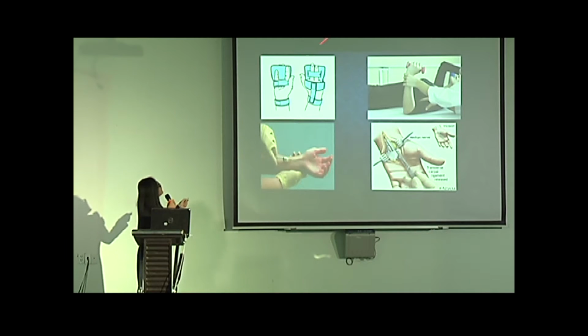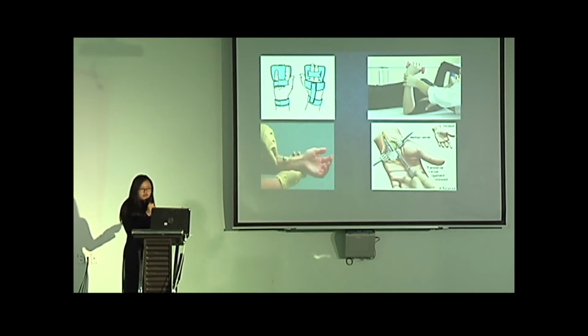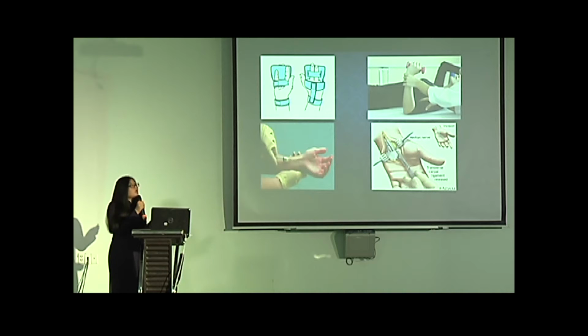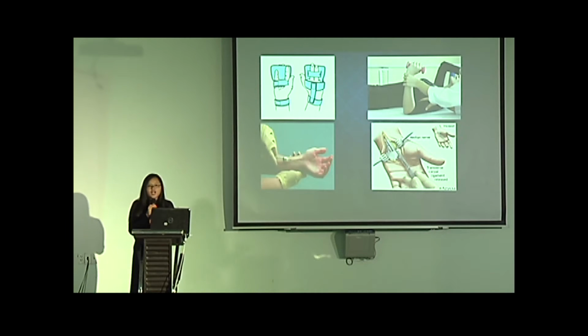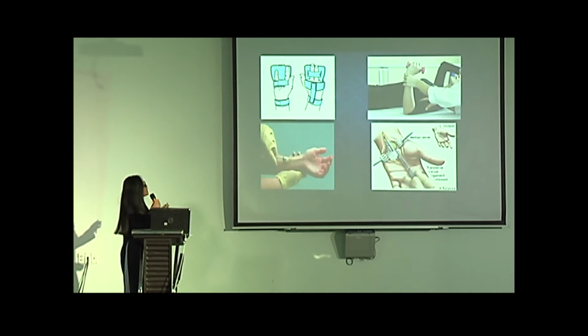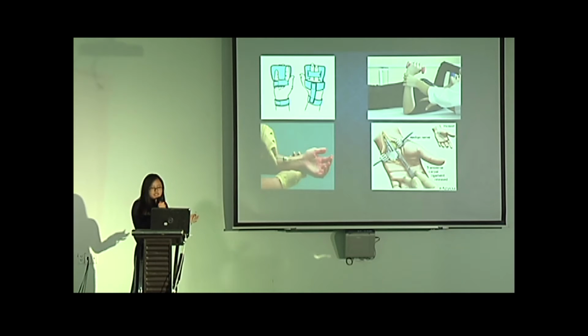On the top left of the slide, you have the wrist splint. The wrist splint is probably most effective when it is used within 3 months of the onset of the symptoms. So it is helpful for short-term treatment, because long-term use can cause your muscles to be weakened.